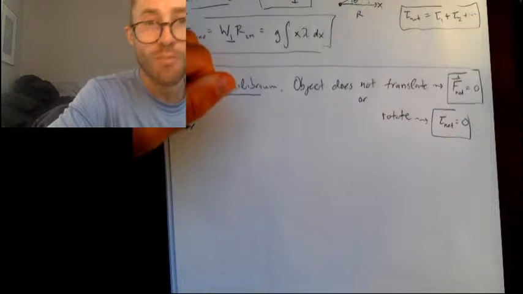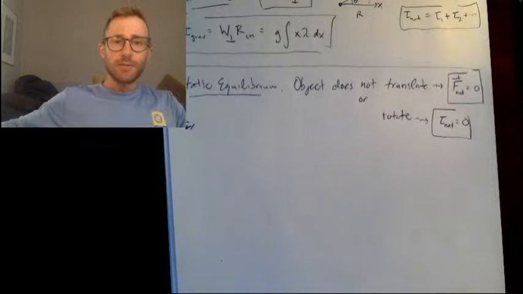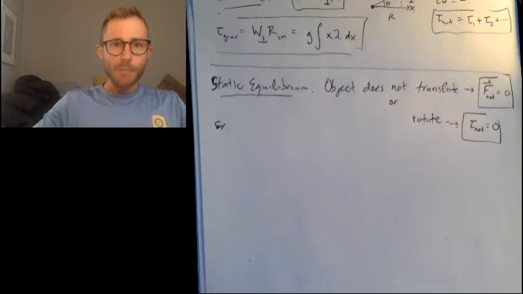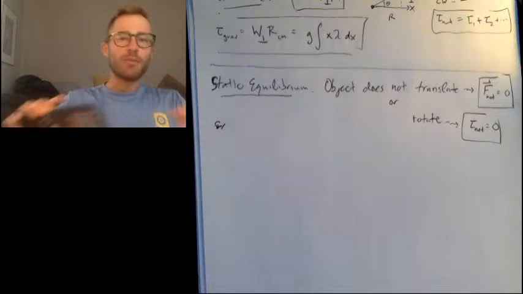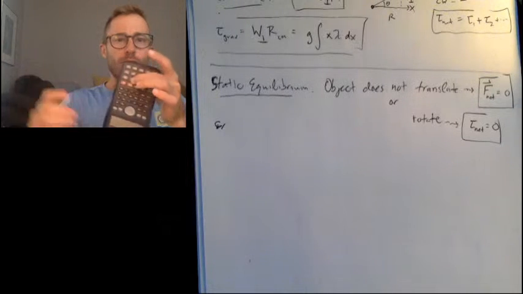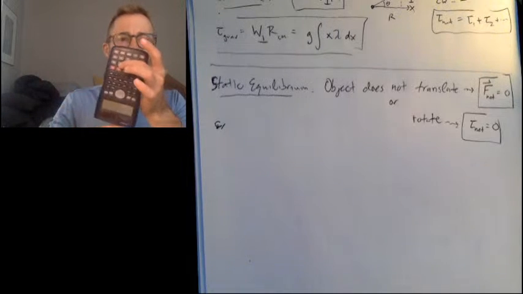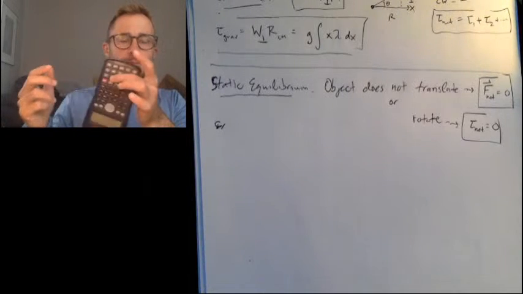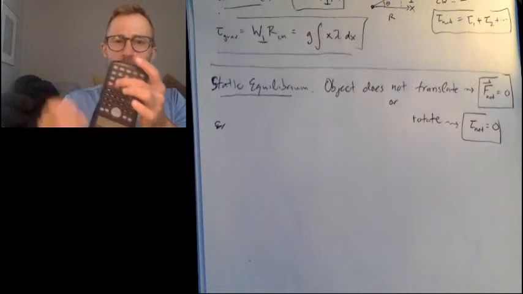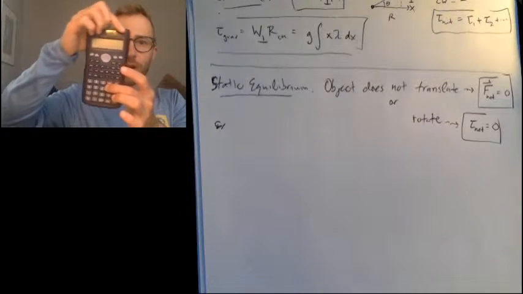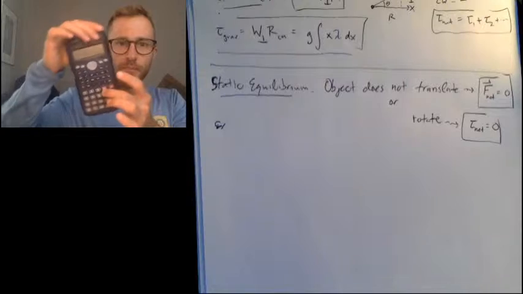Oh, by the way, if something is in static equilibrium, if we think about something that's rotating, you would calculate the torque about the pivot point. But a pivot point is the only part of the object that is not moving.